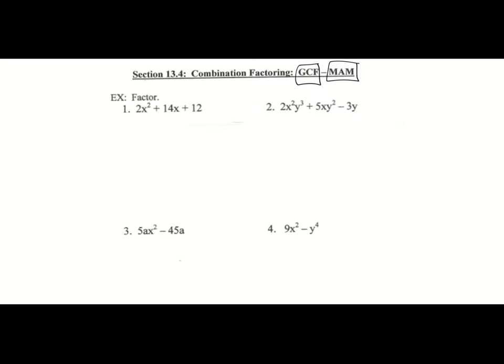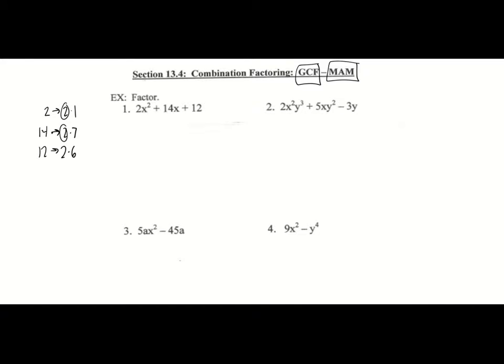So if we look at number 1, if we look at our coefficients, we have 2, 14, and 12. I know that I can take 2 out of all 3 of those numbers, because if I make a factor tree from all 3 of them, 2, I get 2 times 1. 14, I get 2 times 7. And 12, I get 2 times 6.